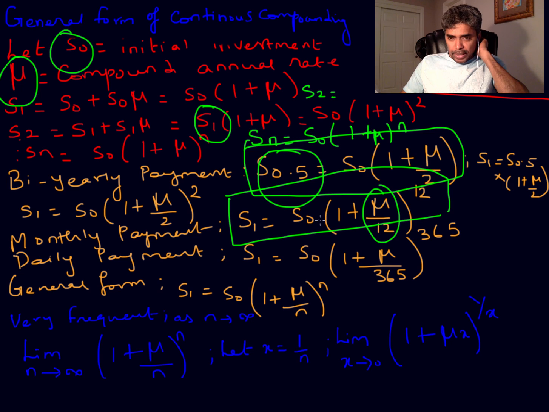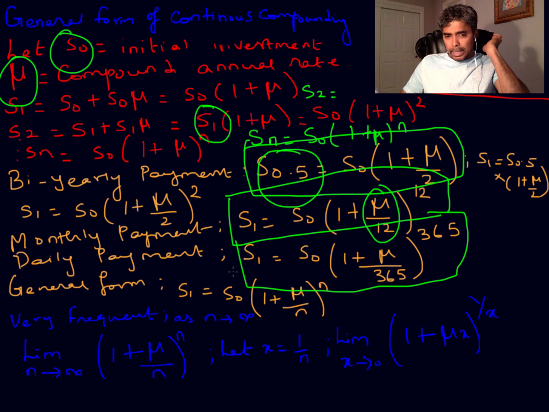And if you take this for a daily payment, where mu is the annual rate and we are getting the return every day, then this is going to be the return of the investment at the end of the year if the interest is paid daily.